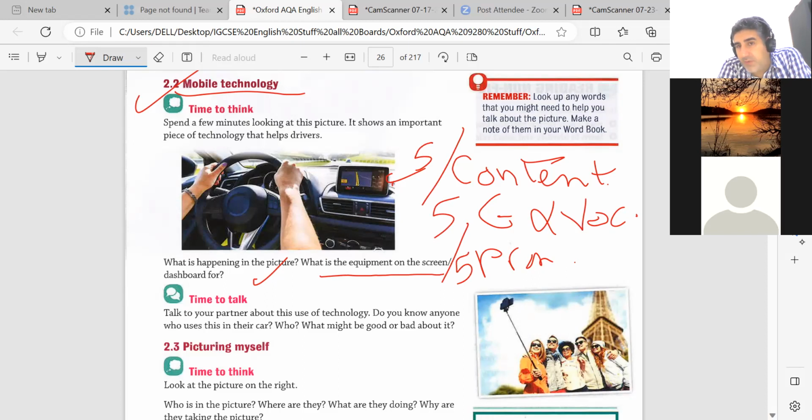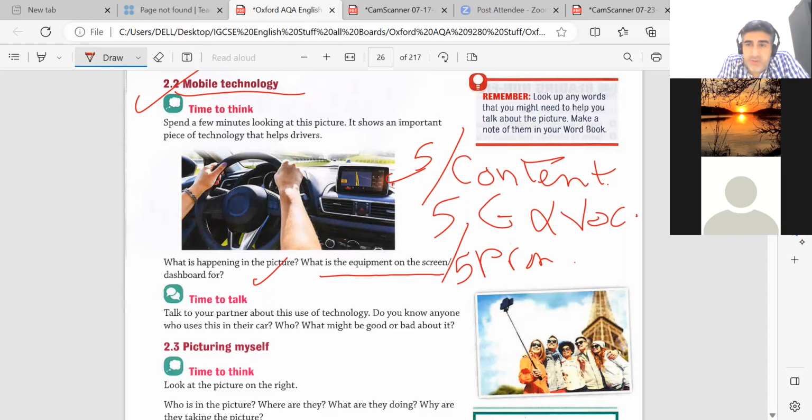What I mean by content is how much information you developed about the given topic. Each one of you gave us different and various pieces of information about mobile technology, and each one of you personalized his answer.